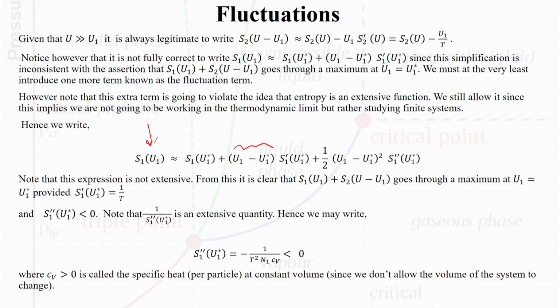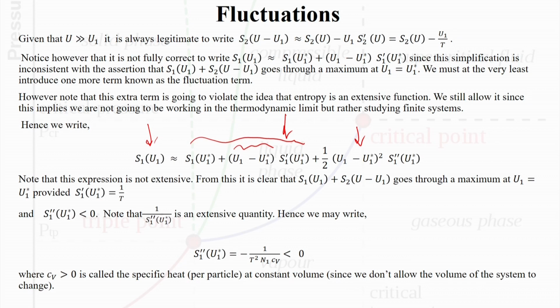So I go ahead and expand, but then instead of stopping here, and I am mandated to stop here if my entropy function is truly extensive, but then it is not. Because it is not, I take the liberty of going one step further.